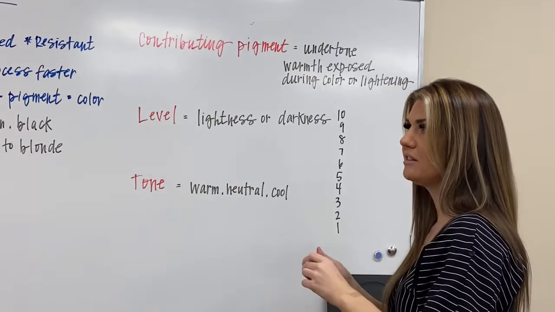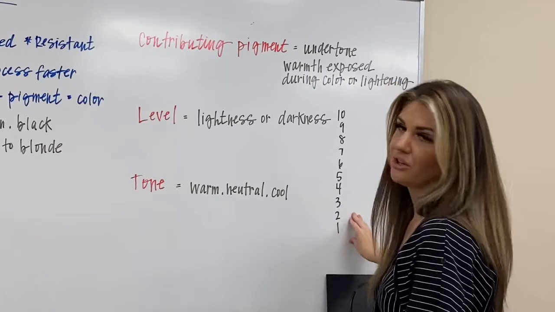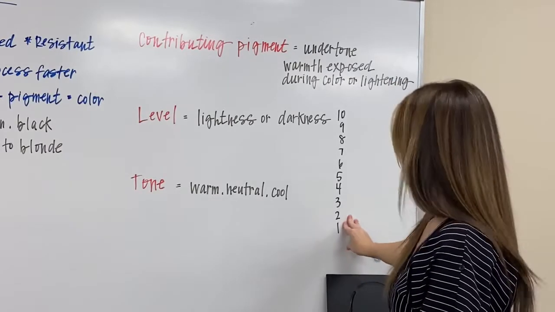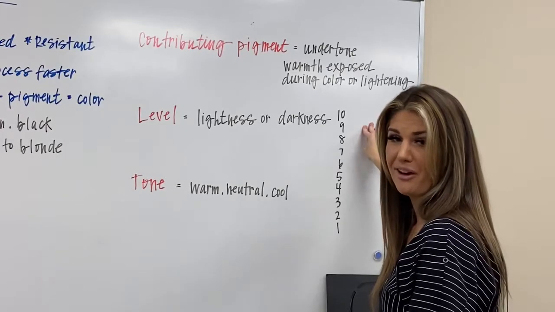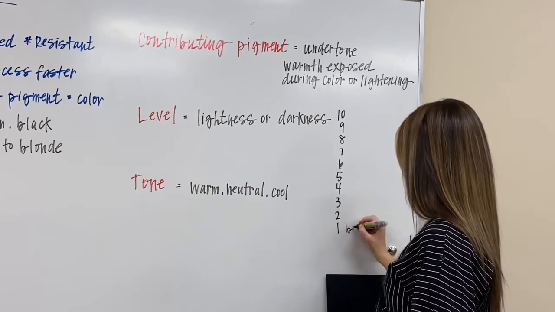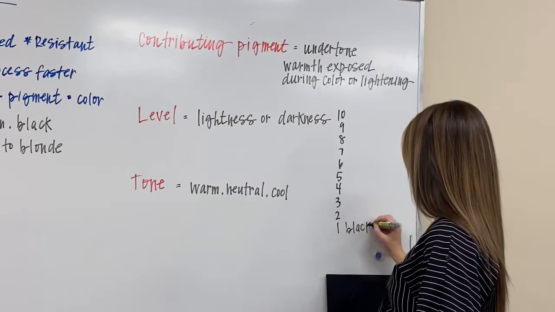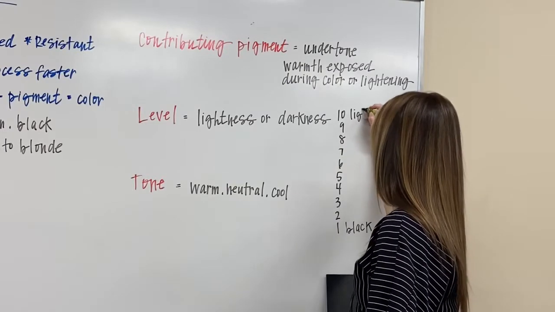I kind of liken this to floors in a building. If you're on the ground level or the main level, there's not as much natural light as when you get up to the top of that building. So down here, this is where black hair color lives. It's the darkest at 1, and 10 is going to be your lightest blonde.